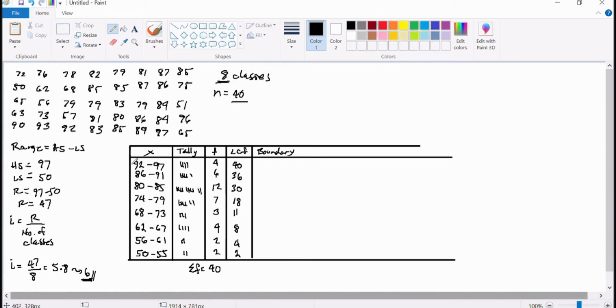To do that, usually you just find the limit between this until there. Point 5, 73.5, 67.5.